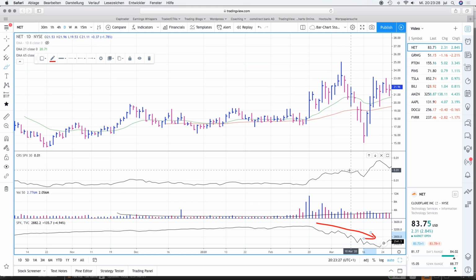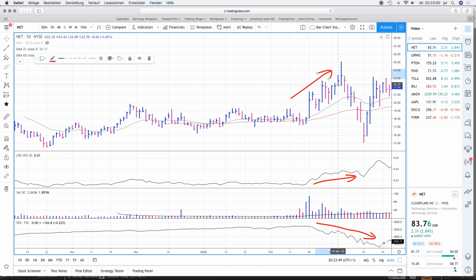You can see that the RS line was up, although the S&P 500 was in a correction, and that's okay because you can see the stock price was also up. That means the stock was really outperforming the S&P 500 at that time.